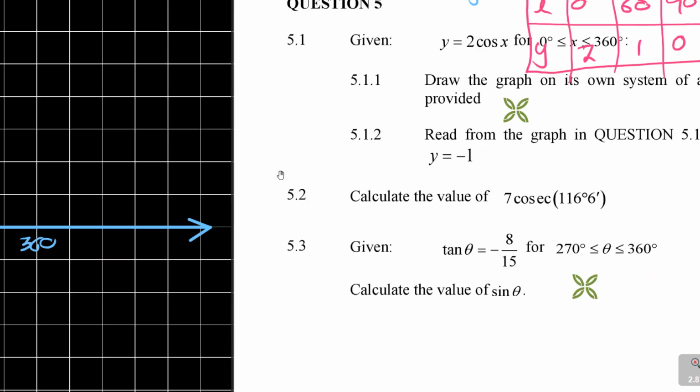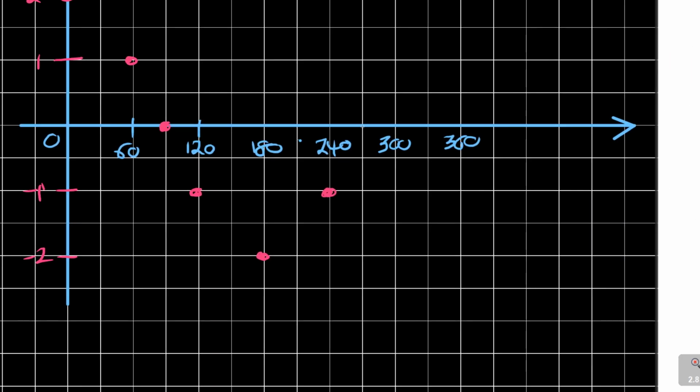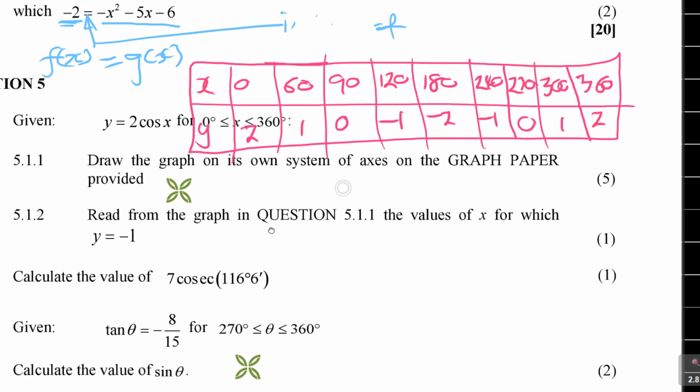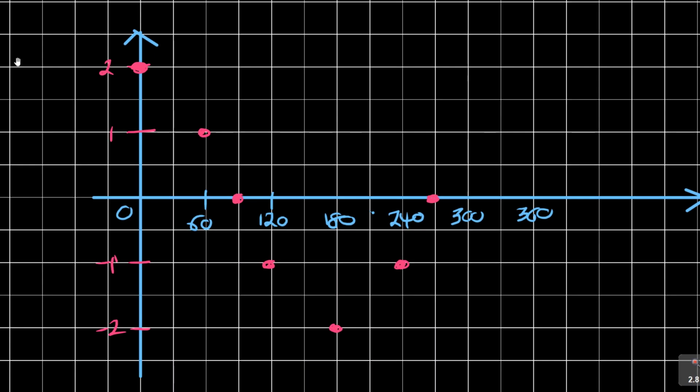Then the next point is 270 is 0. 270 somewhere there was 0. Then the next point was 300 is 1, 360 is 2. So 300 was 1, 300 there is 1, 360 is 2. See that? Then that's your curve.